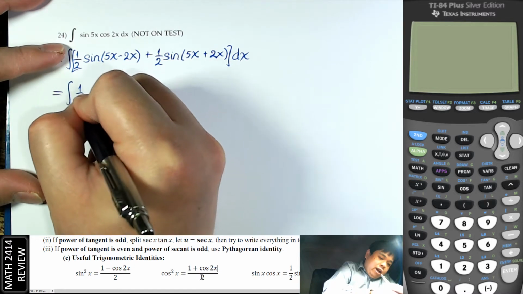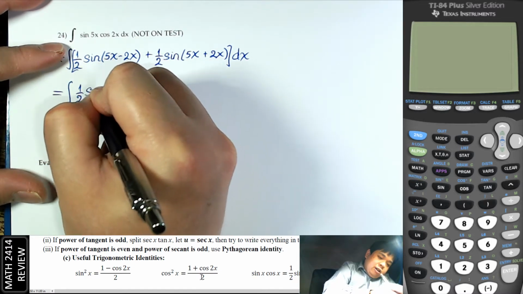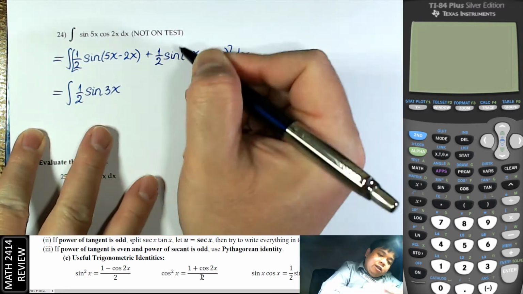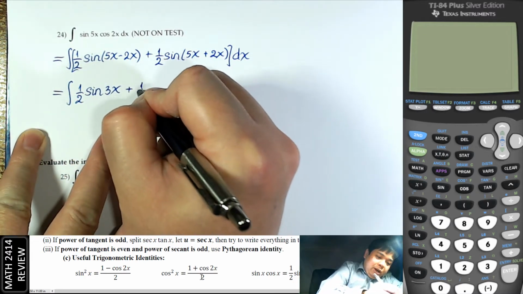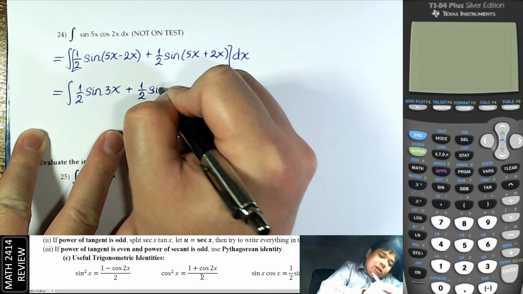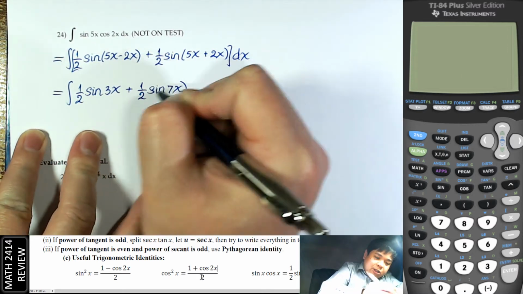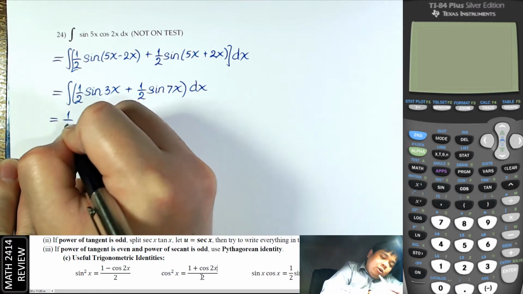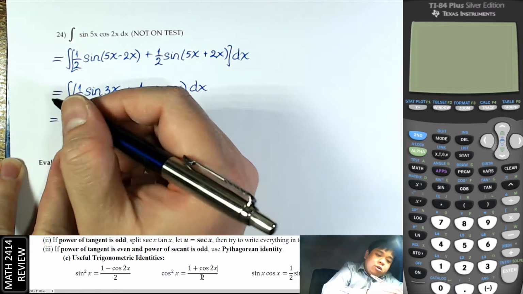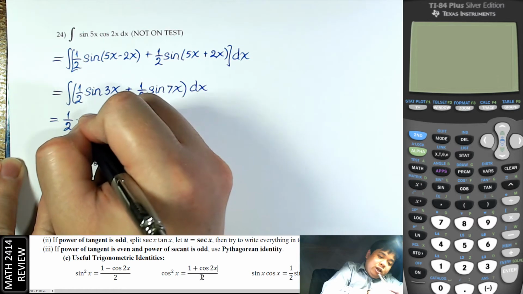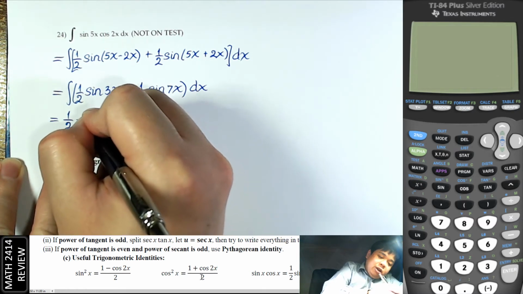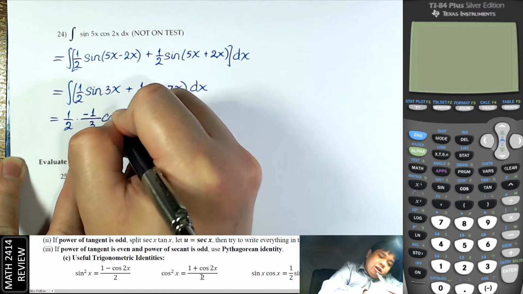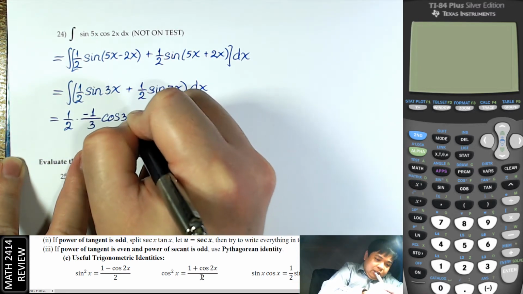So 1/2 sine of 3x plus 1/2 sine of 7x. And integral of sine is negative cosine, and there's a 3, so negative 1/3 cosine of 3x.